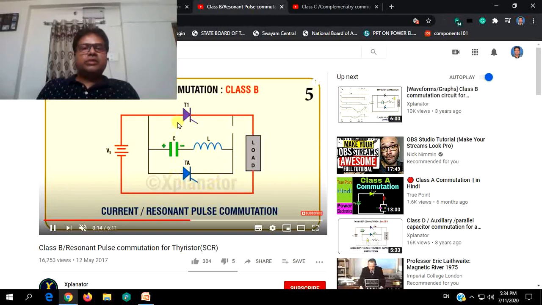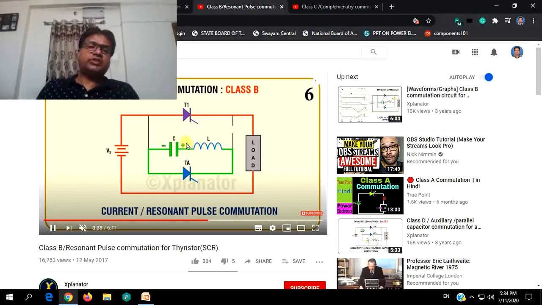After some time, when you want to turn off the main SCR, the auxiliary SCR will be turned on. Because of this, the capacitor now discharges via the auxiliary SCR and the inductor, and it discharges completely.